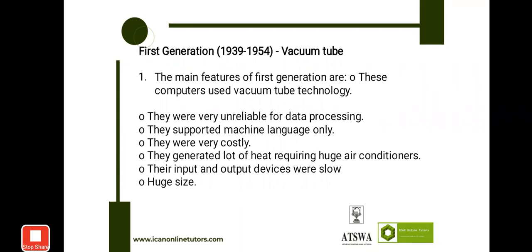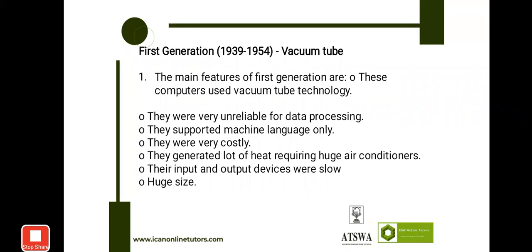They were very unreliable for data processing. And these are the defects. They supported machine language only. They were very costly. They generated a lot of heat, which requires huge air conditioners. Their input and output devices were so slow, and it was huge in size.